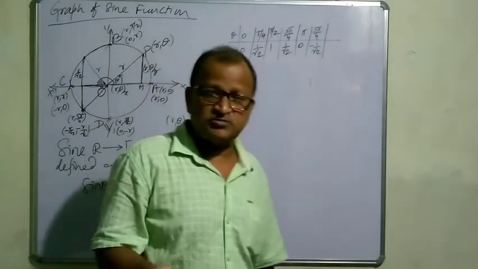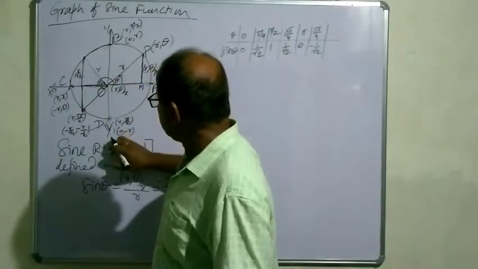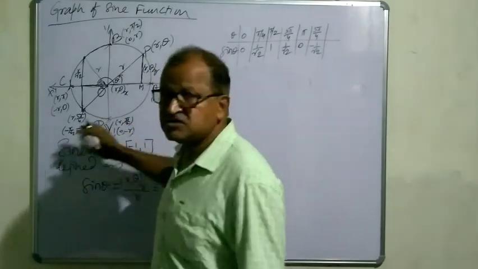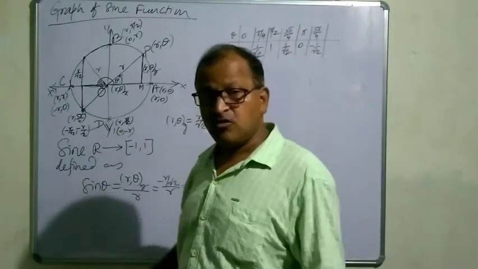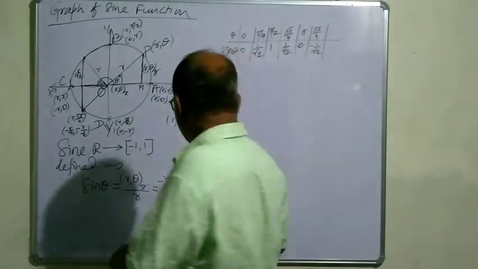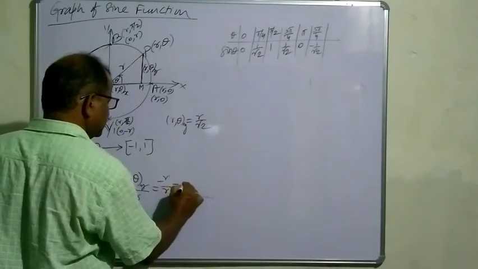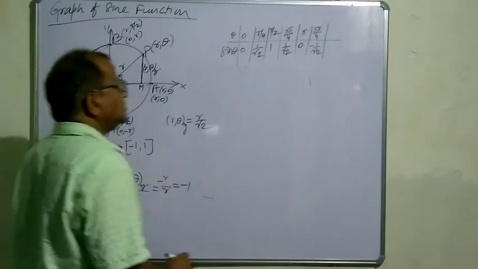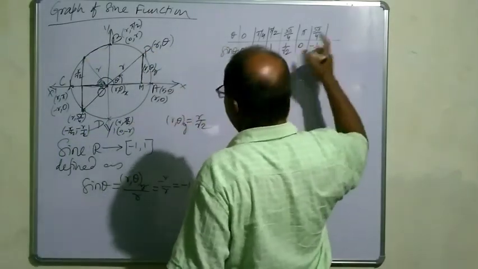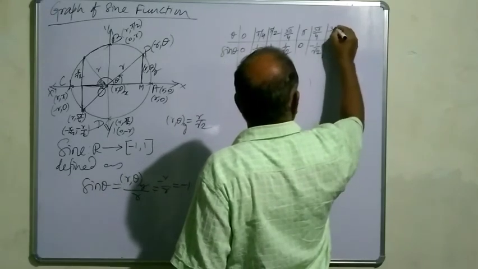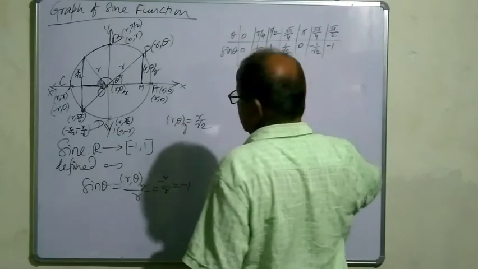The y coordinate must be negative, but this length is r, so its coordinate will be 0, minus r, because the point is on the y-axis. So x coordinate must be 0, y coordinate is minus r. So value will be minus r by r, that is minus 1. So when the value is 3 pi by 2, it is minus 1.